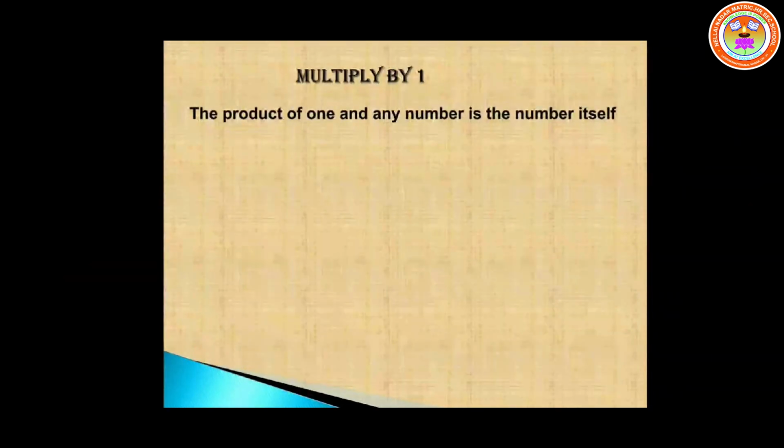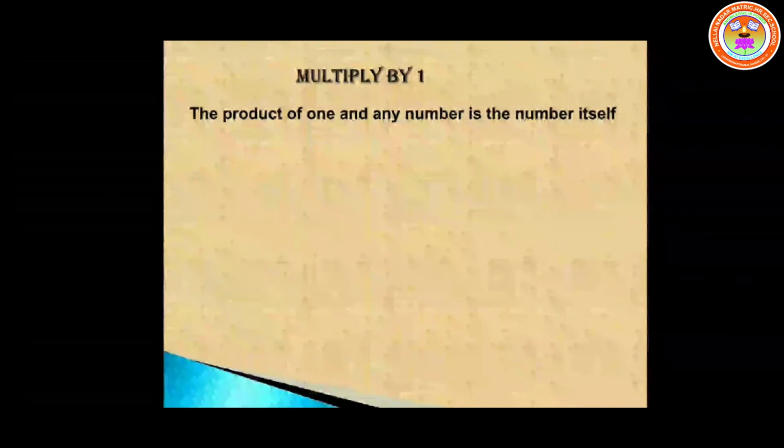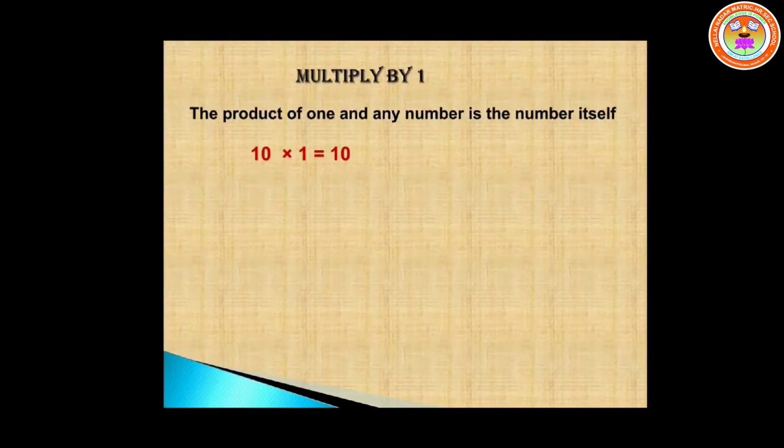Now, multiply by 1. What will happen if I multiply a number with 1? The product of 1 and any number is the number itself. That means, if I multiply any number with 1, I will get back the same number. For example, 10 into 1.